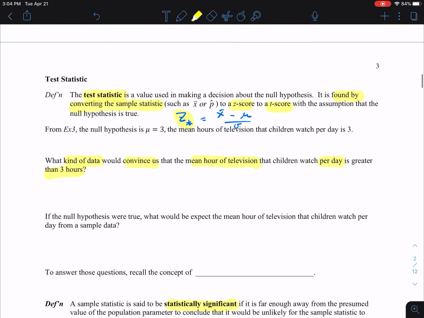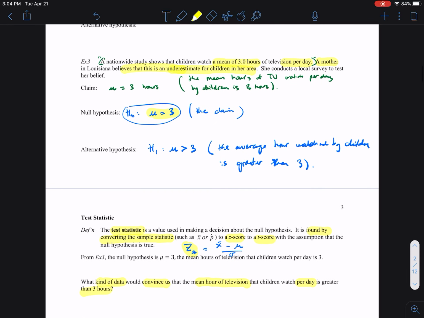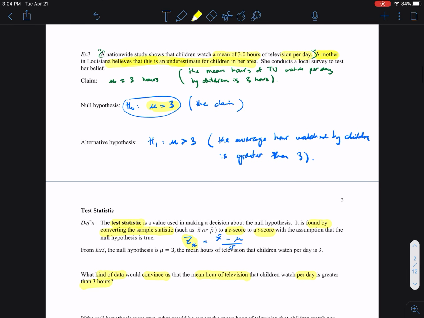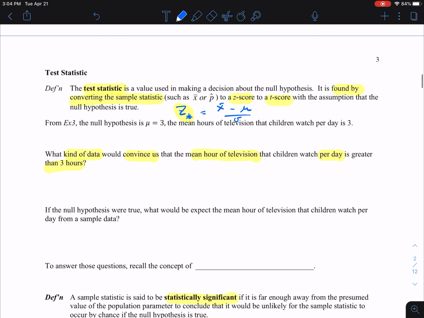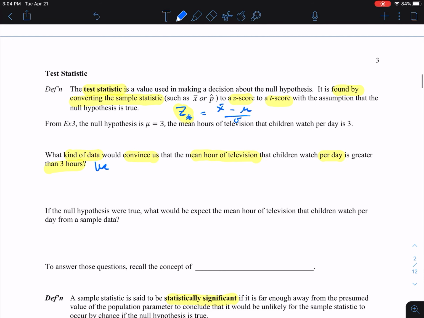Now suppose that the mother in Louisiana is now collecting data. What kind of results is she going to get to convince her audience, or convince us, that the mean hours of television watched by children is way more than 3 hours? What kind of sample data? Well, we would expect to see an X bar that is much greater than 3.